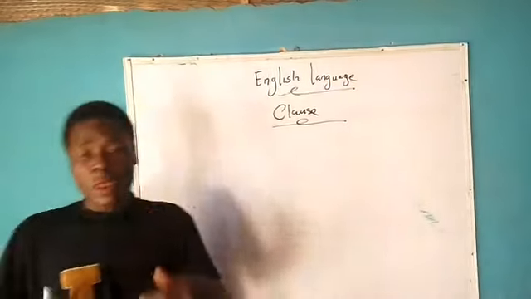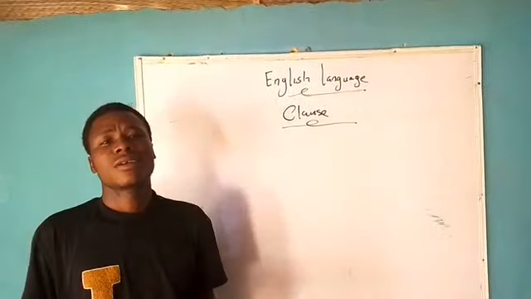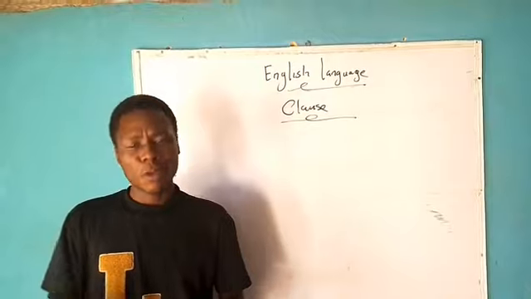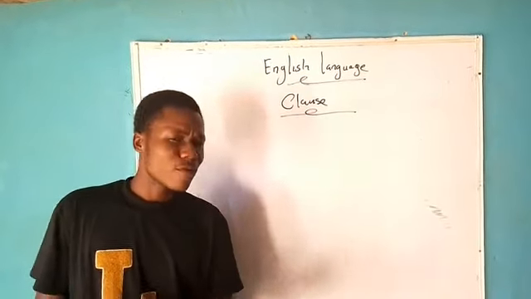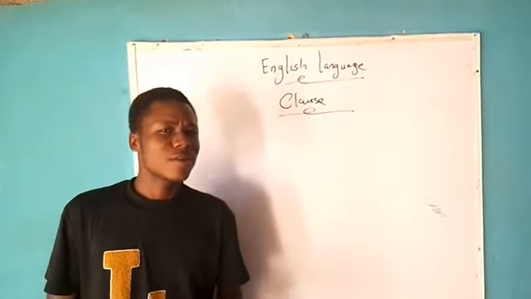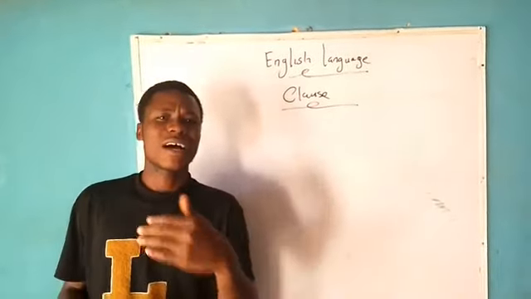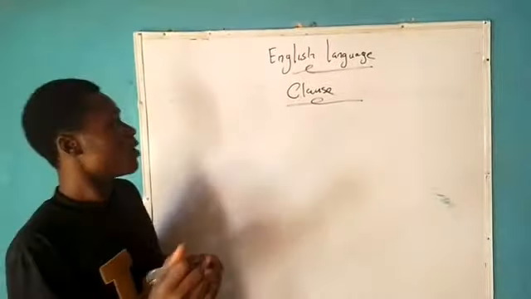What is a clause? A clause is a group of words with a finite verb forming part of a sentence. And what do we mean by finite verb? Finite verbs are verbs that have tenses.